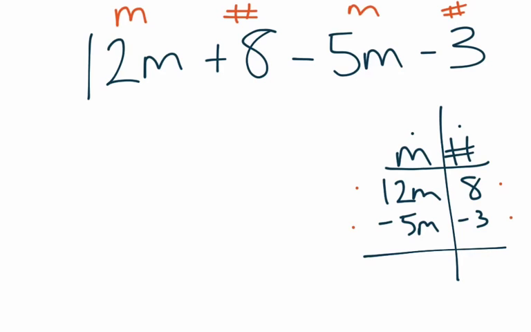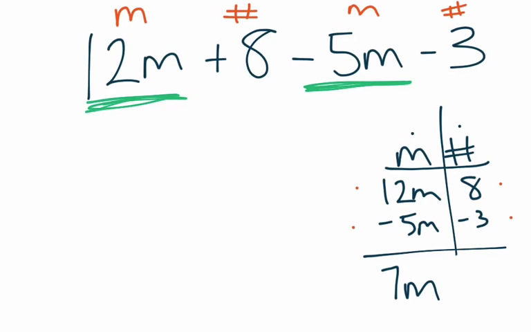I think it's easy to see this when you put them in column charts, but in reality what you're really doing is you're just putting things that are alike together. You can only put something that's the same together, combining like terms. So this would be 12 minus 5 is 7, so 7m, and 8 minus 3 is 5.